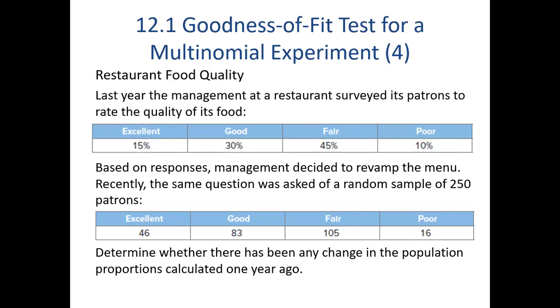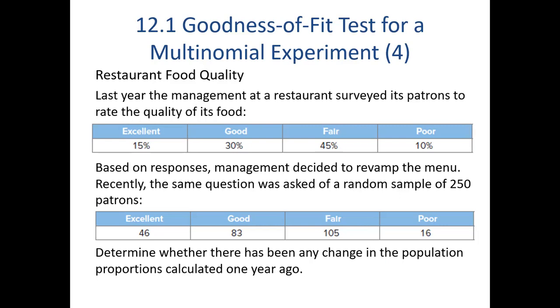So let's do it with our calculator. First thing we will do is press the second button, plus, on the bottom right below the enter button, then number 4, clear all lists, done. Then we will press the stat button, 1.